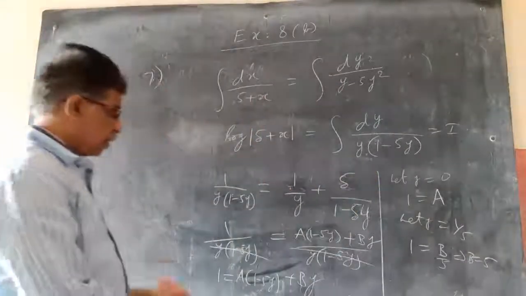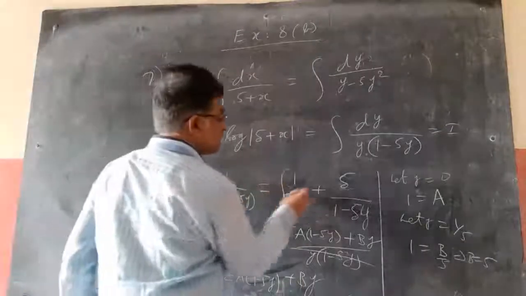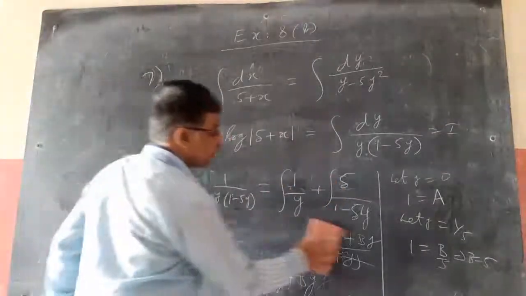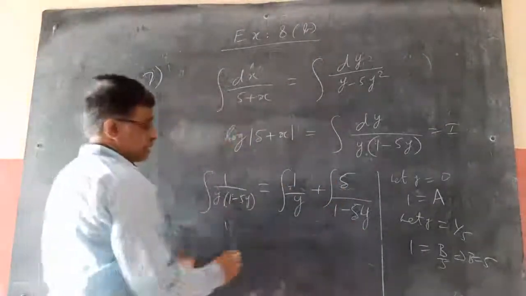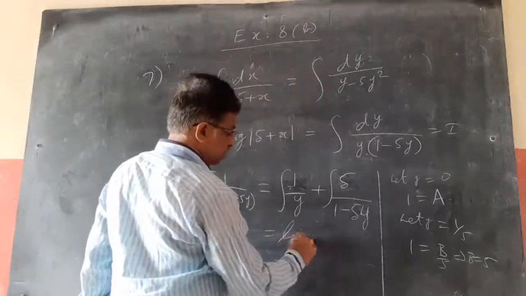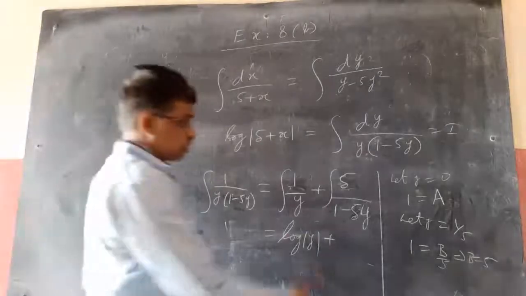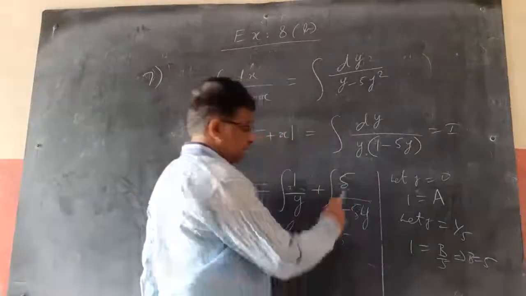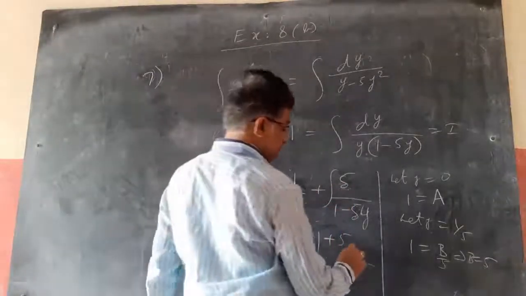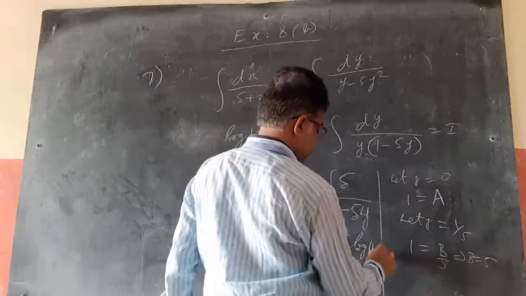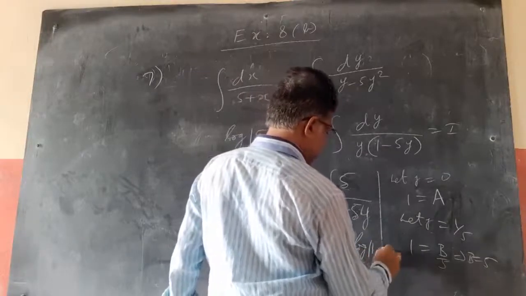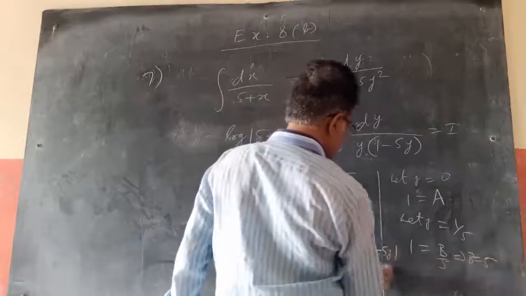Now integral of this is nothing but integral of this. So integral of 1 by y is log mod y, plus 5 into the integral of 1 by this, which is log mod 1 minus 5y divided by minus 5.